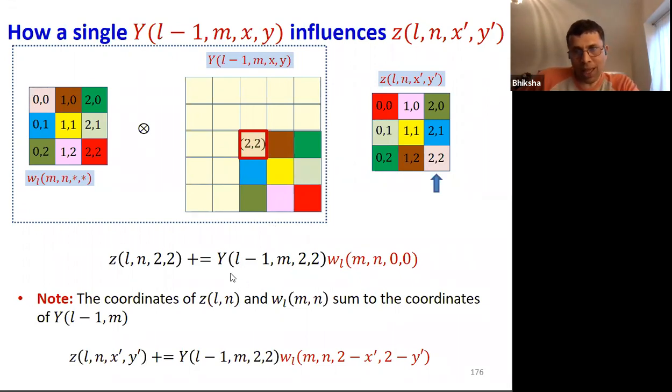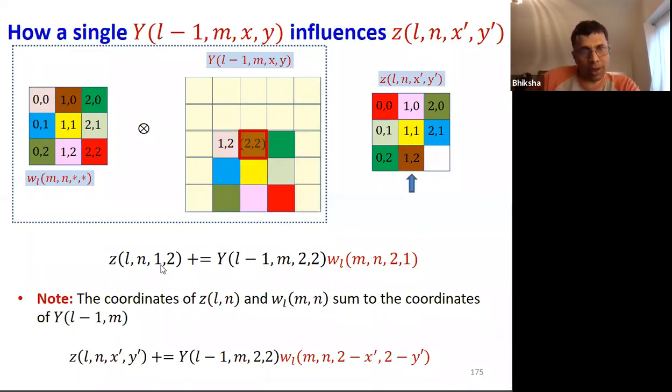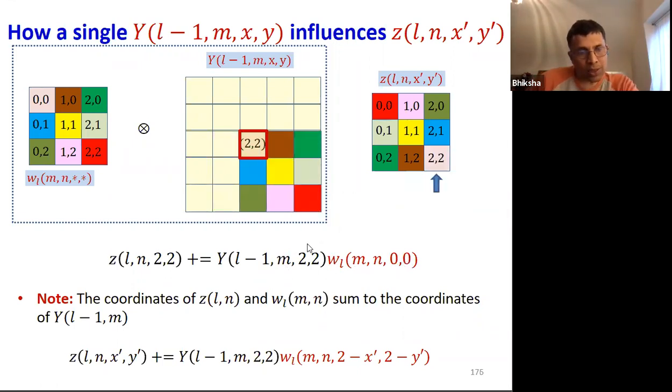And observe something over here. Because of the way we did the computation, the index of the z element and the indices of the filter element sum up to the indices of y. And that's obvious. That's because we are placing the filter starting at the location where you want to compute the z.